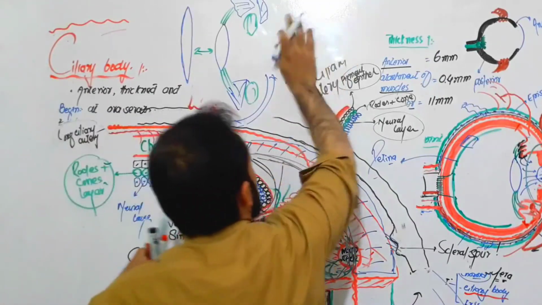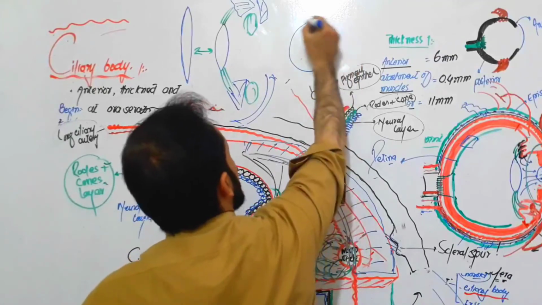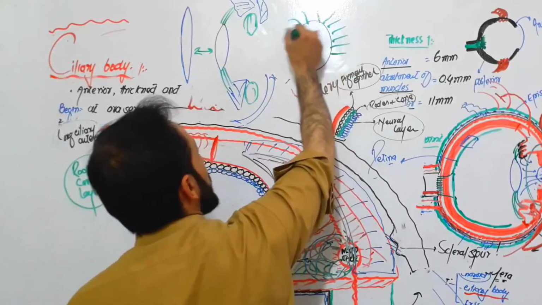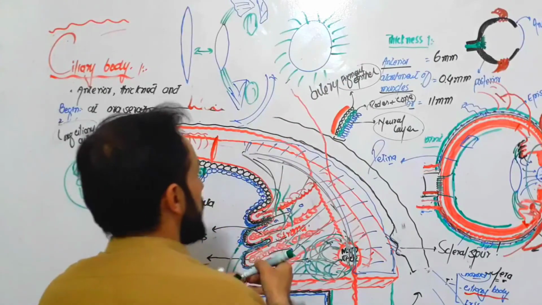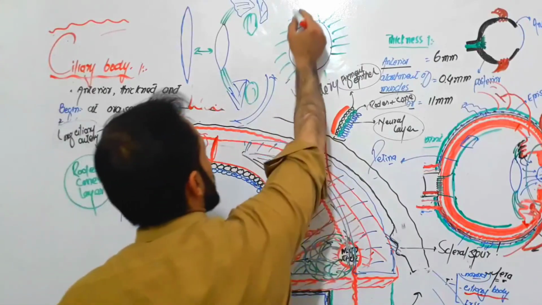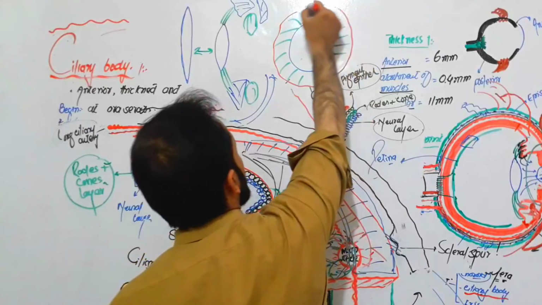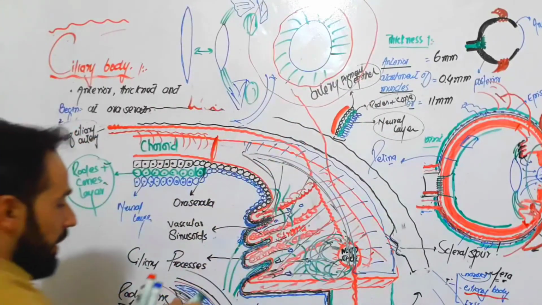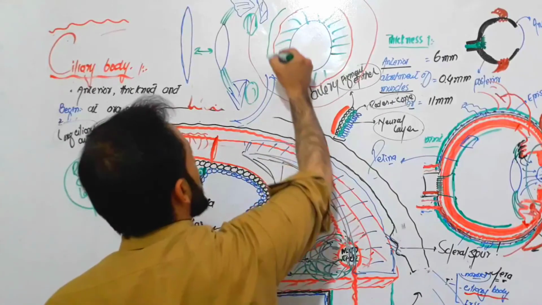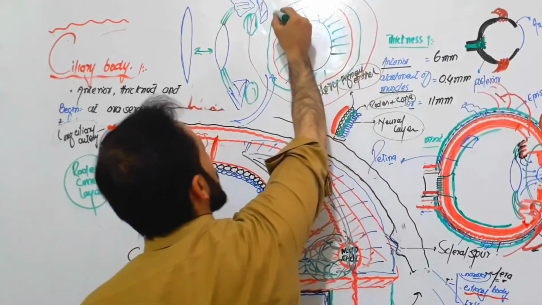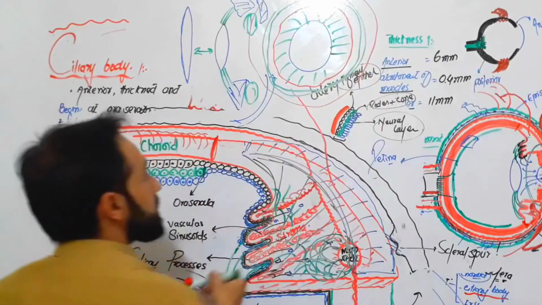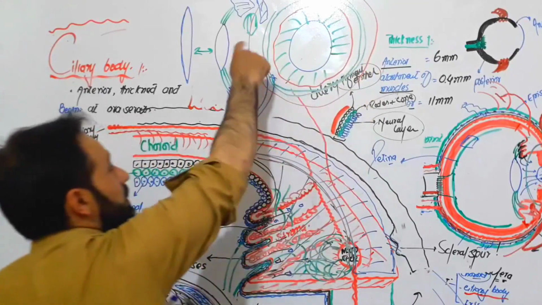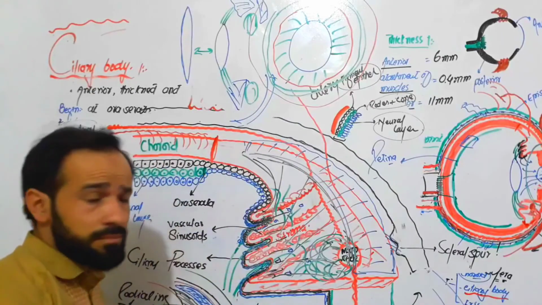As your lens is a rounded structure, look here, our lens is like this, and the lens is held from all sides by suspensory ligaments, and on all sides of the suspensory ligaments you have your ciliary body, and you have the circular layer of muscles, then the longitudinal layer, and then the radiating fibers.